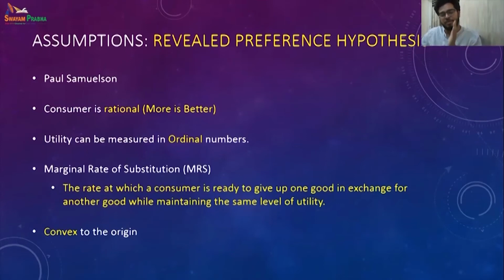When the rate at which they are sacrificing Y for each additional unit of X continuously decreases, it gives a convex shape to the indifference curve.